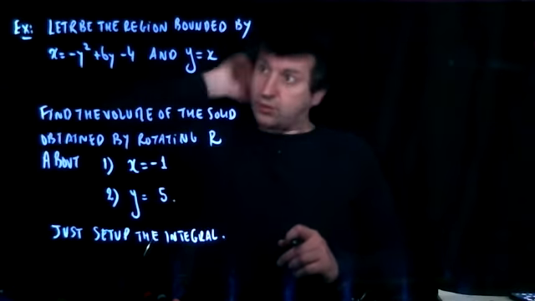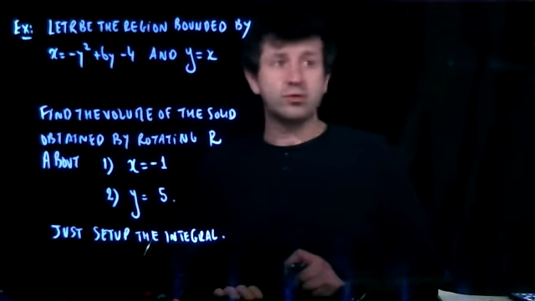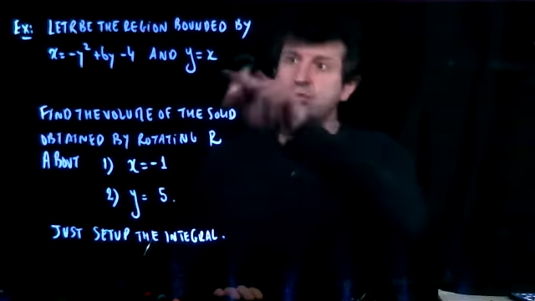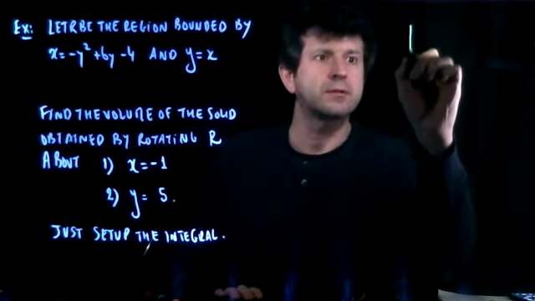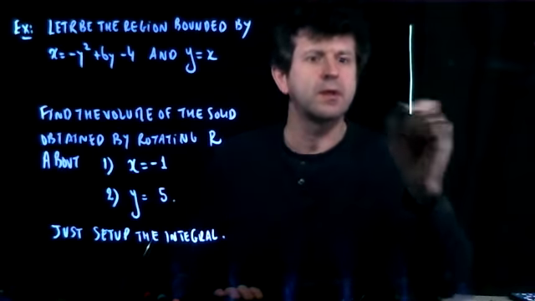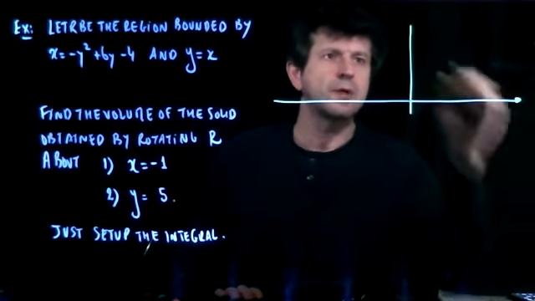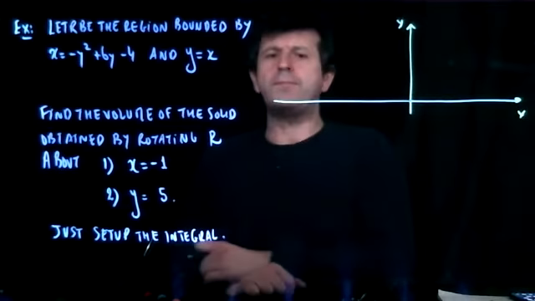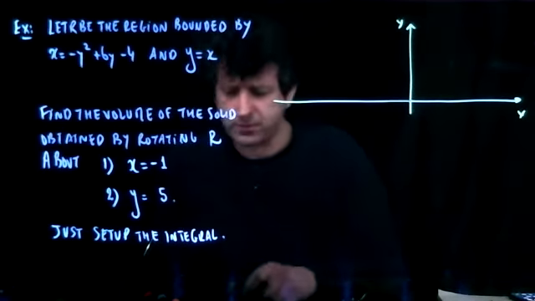Okay, so the first thing we do is, of course, we draw these two curves and find the region. So how do you find the region? I need to find the intersection points.